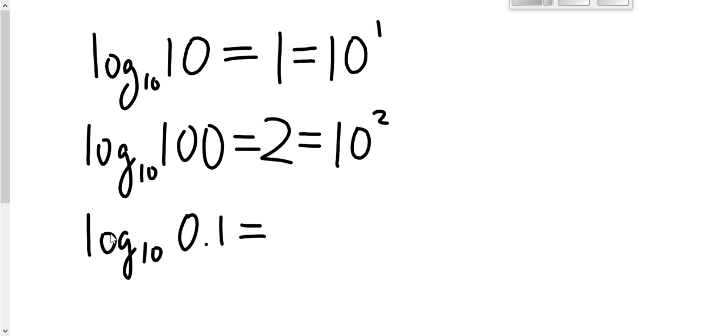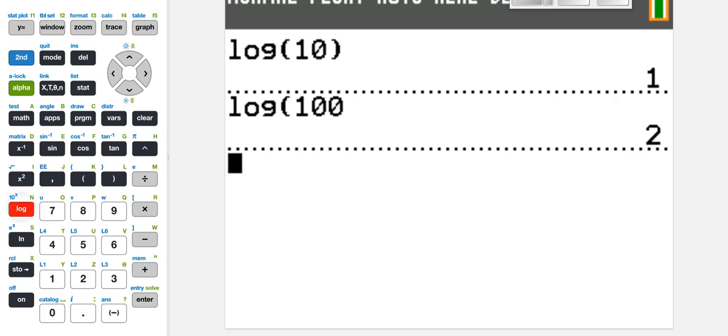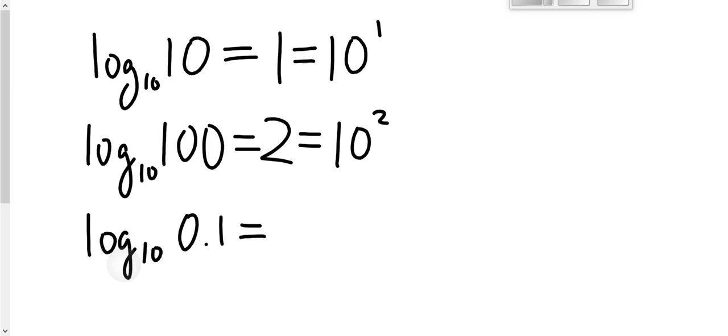So if you do this, log 0.1, close bracket, enter. That gives you -1. Now, I hope you can use the pattern that I showed you here and write this.